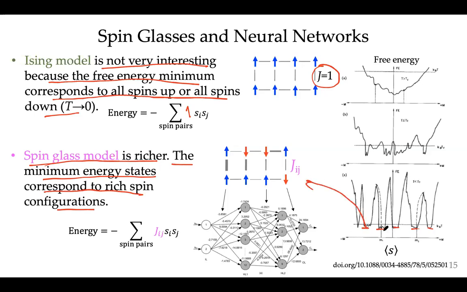The other may have some other configuration, but they all minimize the free energy. So this is another analogy between the spin glass models and the neural networks, because we know that neural networks, when the objective function is minimized, have many possible minima. So in that sense, there is another analogy between the spin glass models and the neural networks.